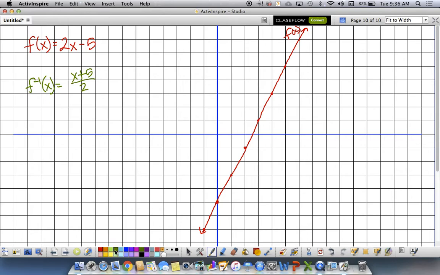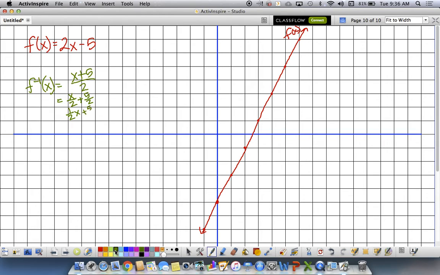Okay? What about the inverse function? X plus 5 over 2. I might rewrite that. You remember how I rewrote it as x over 2 plus 5 over 2. Okay? Maybe you see the slope and y-intercept. If you don't, you can pull the over 2. It's 1/2 x. So my slope is 1/2.